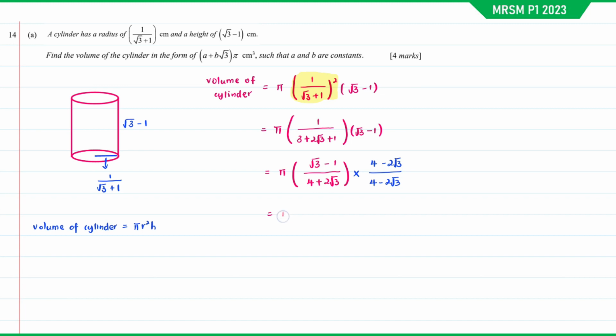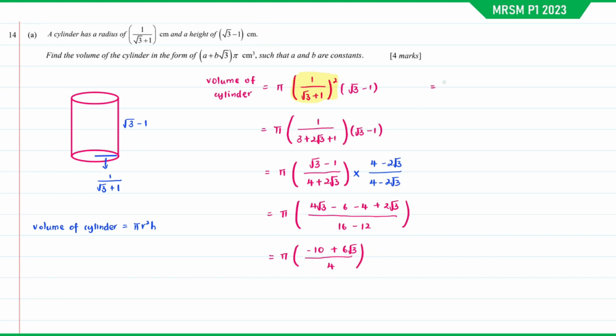Expand this, then we're going to get pi times (4 square root 3 minus 6 minus 4 plus 2 square root 3) over (16 minus 12). This is equal to pi times (negative 10 plus 6 square root 3) over 4.